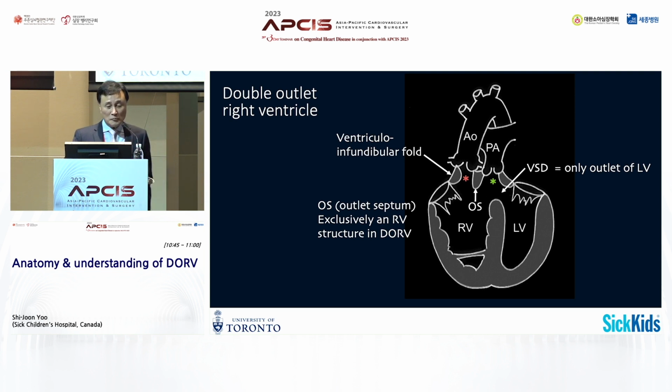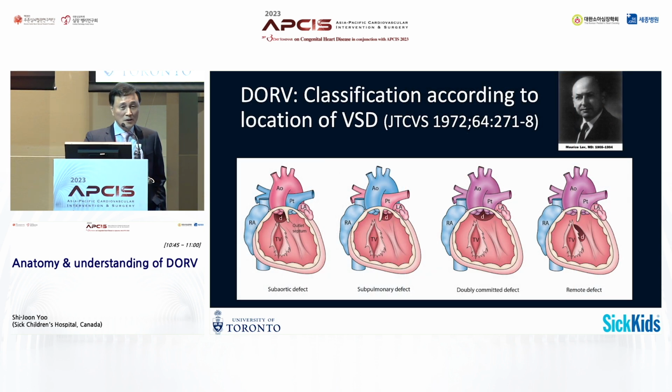So when you have your semilunar valve and AV valve separated by muscle, that is called the ventricular infundibular fold, okay? And then when you have a ventricular infundibular fold, you have muscular infundibulum here. Okay. So this is a well-known classification of DORV, 4 different types.